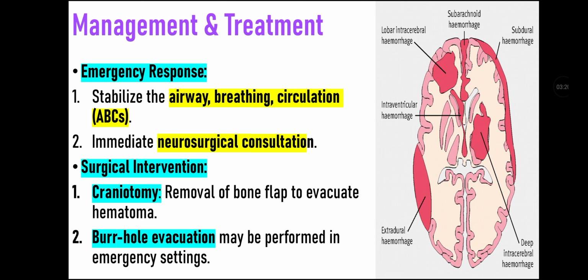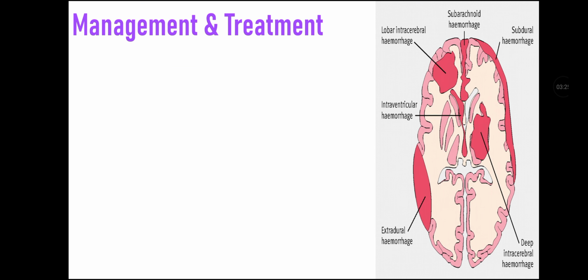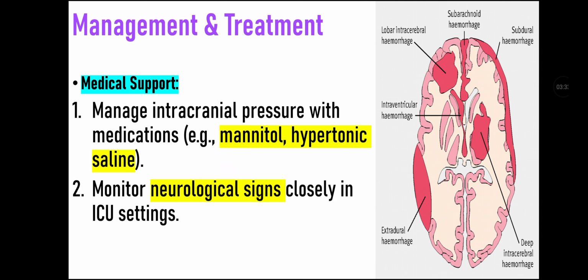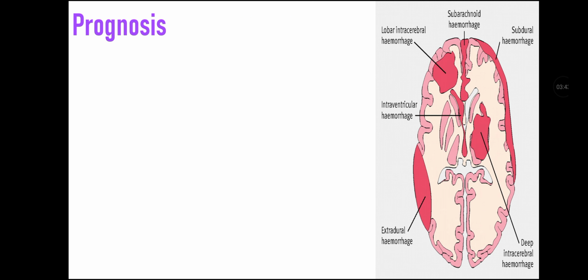Second, we can do burr hole evacuation, which may be performed in an emergency setting. Management further involves medical support, that is managing intracranial pressure with medications like mannitol and hypertonic saline, monitoring neurological signs closely in the ICU setting for any deterioration, and reversing coagulopathy if present.